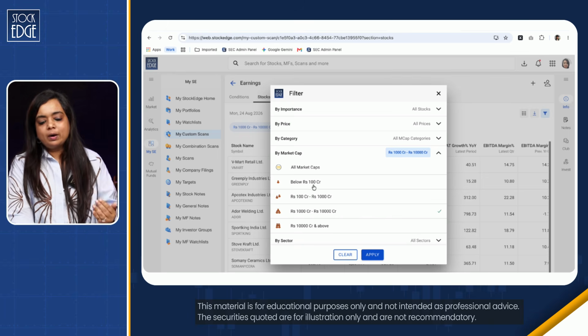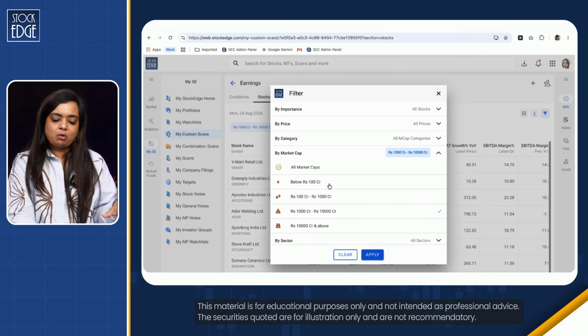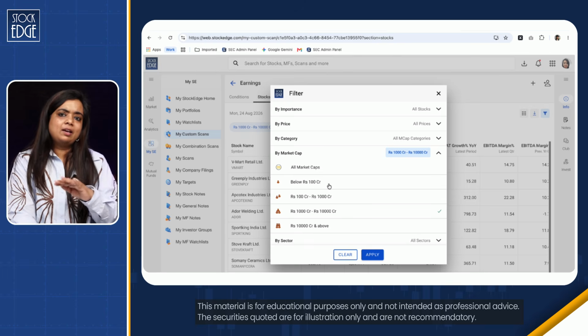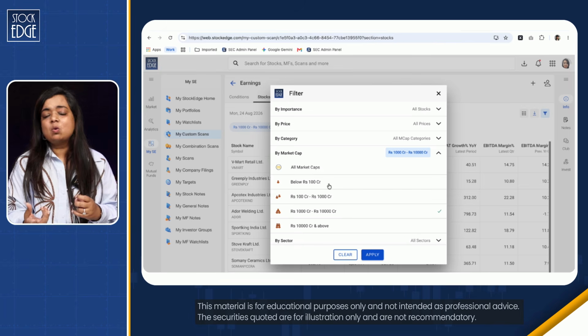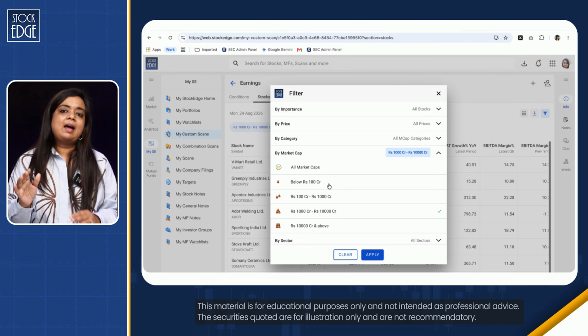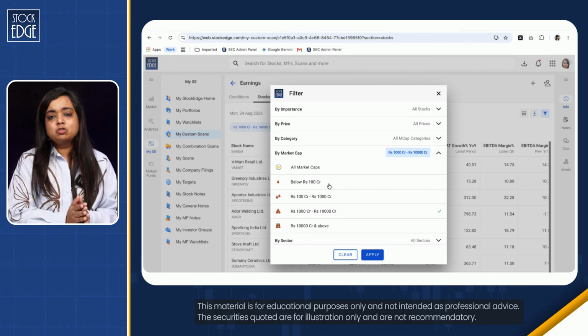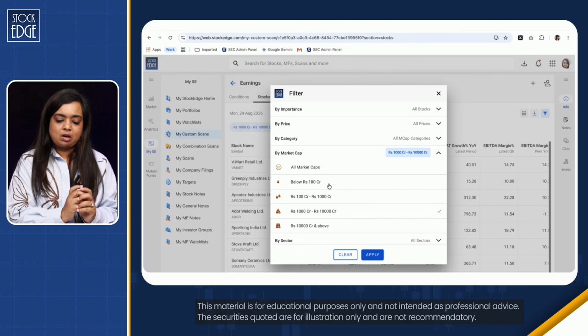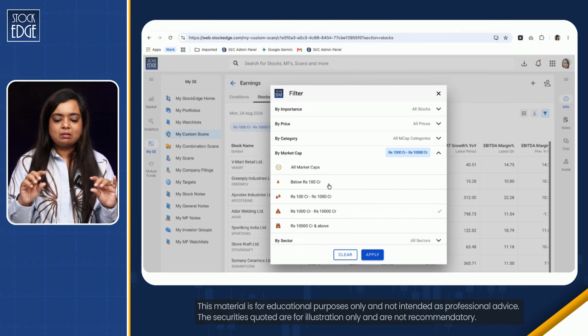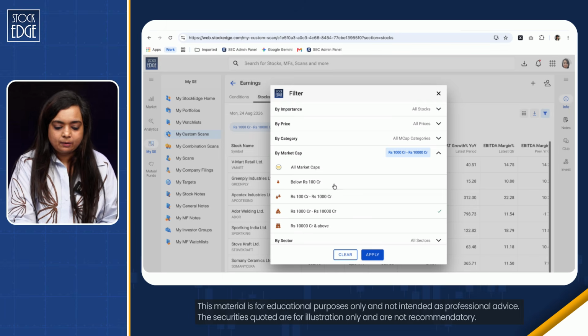I'm also avoiding the below 100 crore category because again, the risk over there is higher and I would not want to commit to very small companies. So this is a safe range of the 1000 to 10,000 crore bracket.